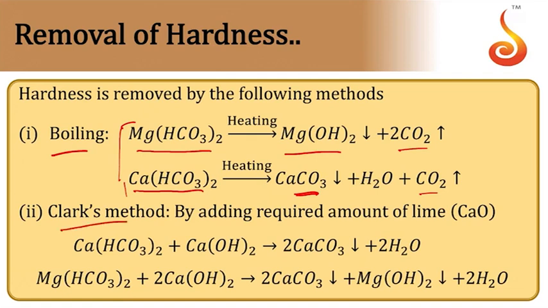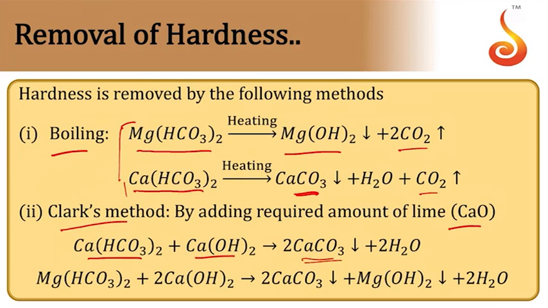Clerk's method is the addition of the required amount of lime to remove temporary hardness. So calcium bicarbonate, nothing but temporary hardness, plus lime being added, you are going to get once again a precipitate of calcium carbonate, which can be removed.